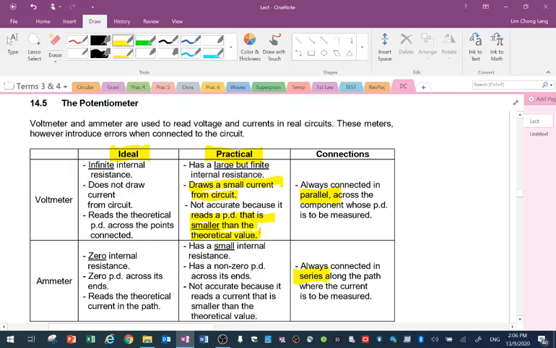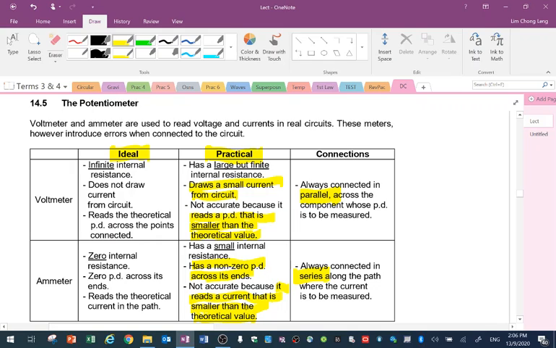As for the ammeter, which is used in our practical, it has a non-zero PD across its ends, right? So it reads a current that is smaller than the theoretical value.